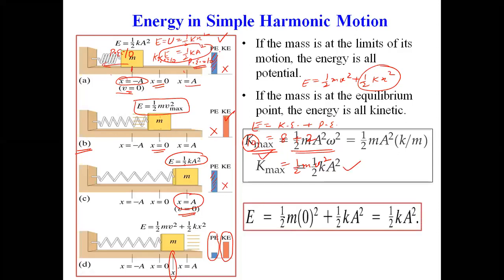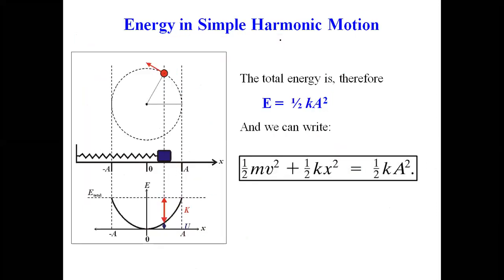You can also write the potential energy term as half k a squared. So if the total energy is not given, you can find the energy value either at the mean position, the equilibrium position, or at the extreme position, and that is the total energy of the system.